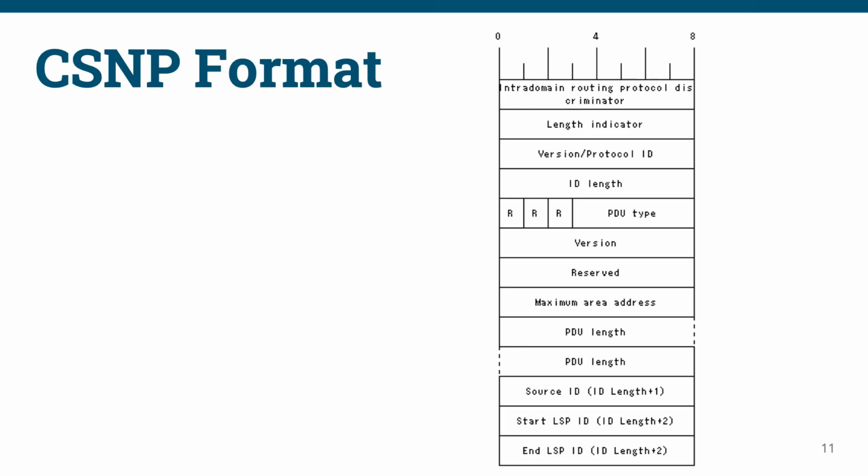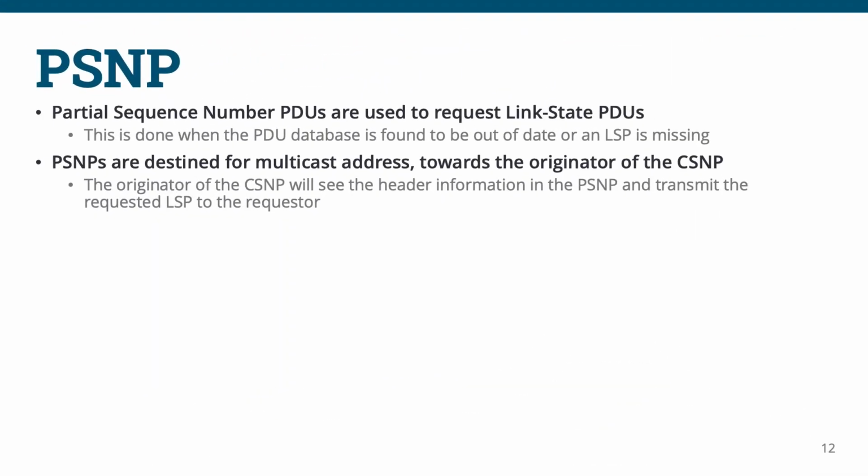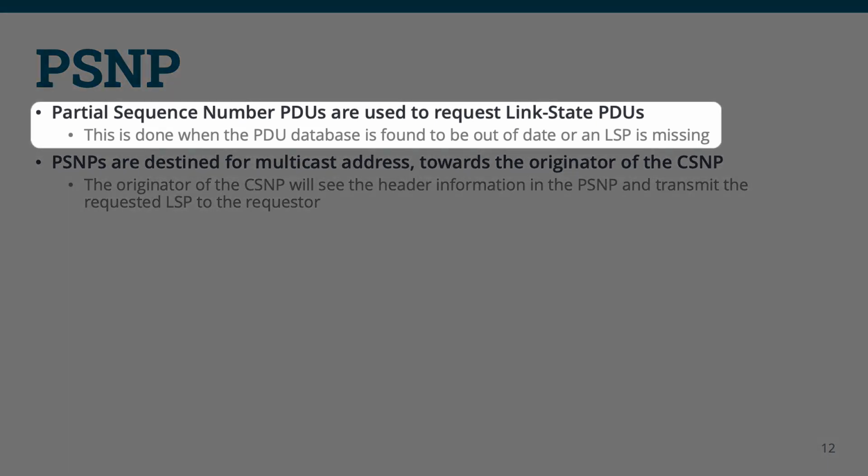Now let's move on to the last PDU type we'll cover, the PSNP, or Partial Sequence Number PDU. The PSNP is used to request LSPs from a neighboring system. This is done when the LSDB is found to be out of date. An IS will inspect a CSNP and compare it against its own LSDB.